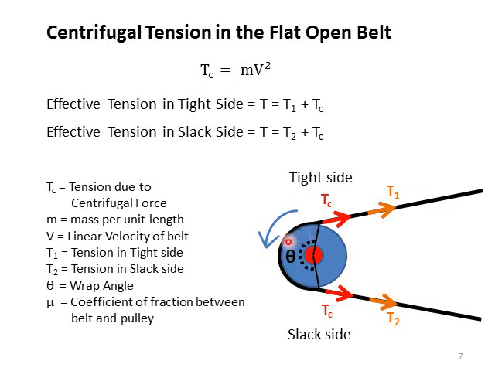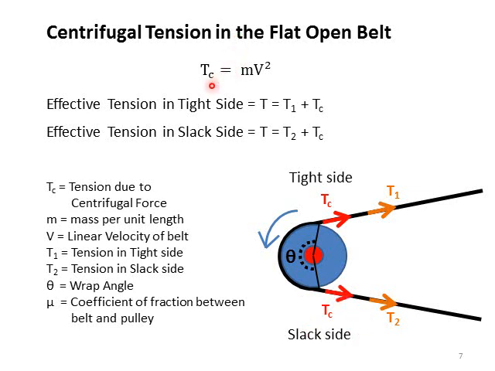whereas Tc is the tension due to the centrifugal force of the belt, because if this belt is revolving around, it will try to move outward, move outward, move outward, and due to this movement an additional tension acts in the belt, which is represented by Tc or centrifugal tension.